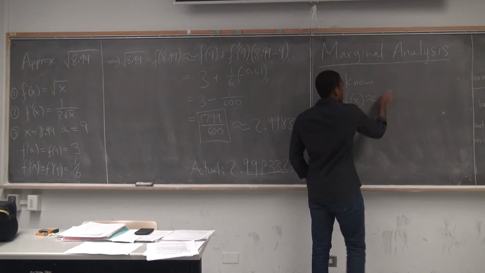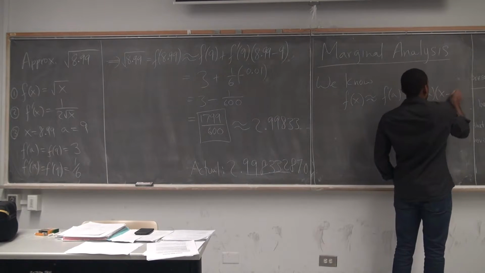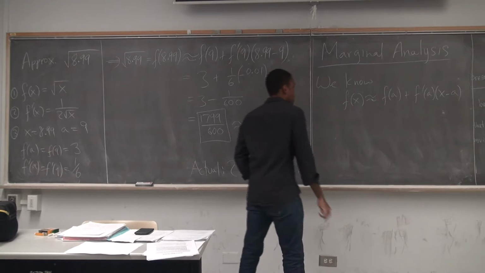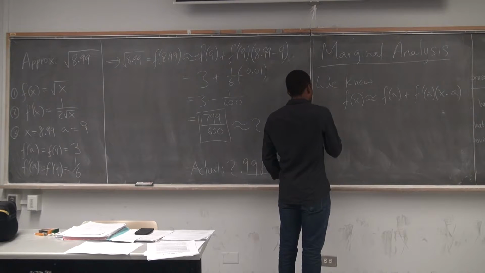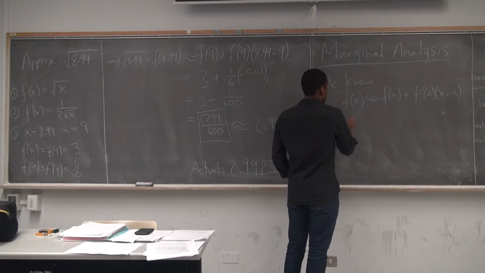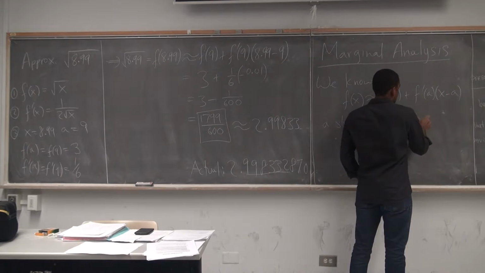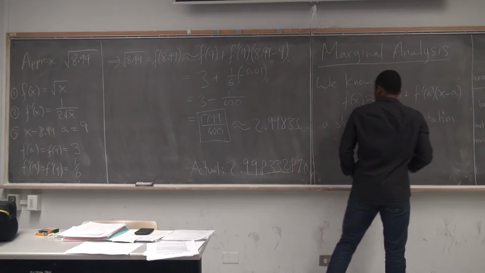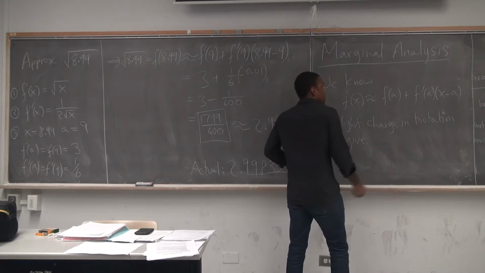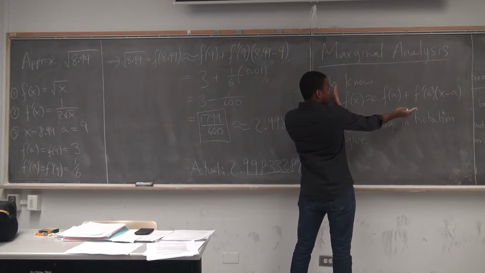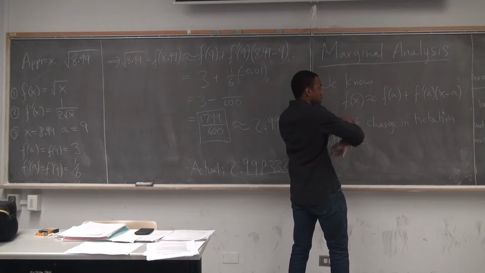We know that f of x is approximately equal to f of a plus f prime of a times x minus a. So this is kind of what your tangent line would look like if you use the difference quotient that looks like f of b minus f of a over b minus a, right?